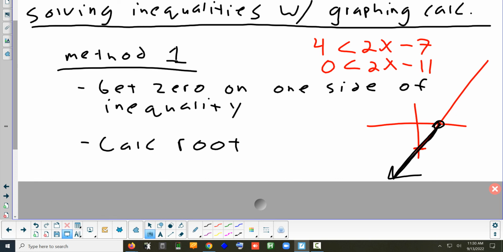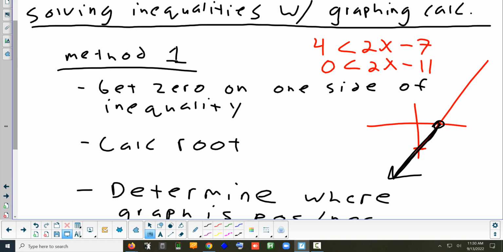Alright, so how would you write that in the calculator? Do they have inequalities on there? So what we're going to do is, you would just graph it like it's a line. Then we're going to calculate the root. And from there, your answer is either everything below the root, or everything above the root.